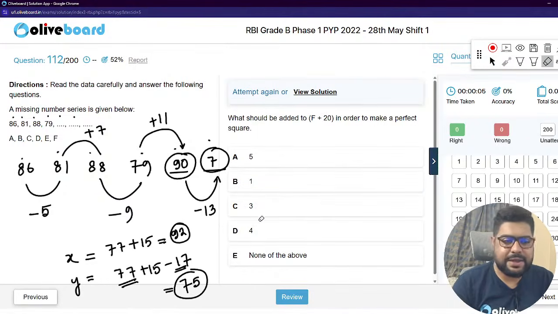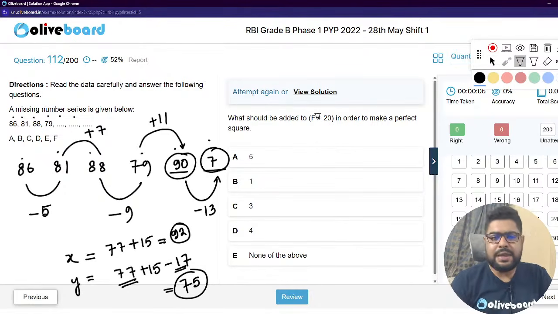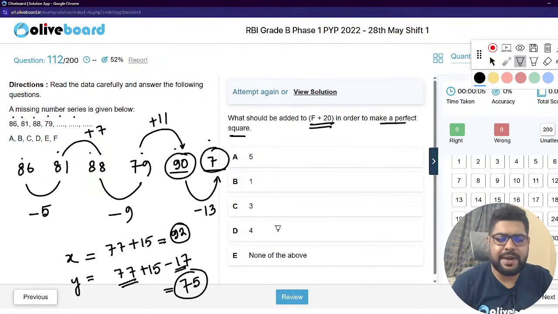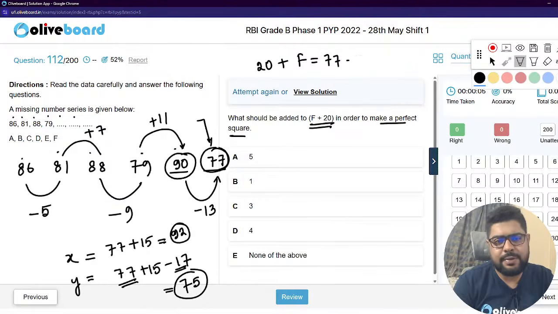There is this question: what should be added to F plus 20 to make it a perfect square? F is what? A, B, C, D, E, F. So 77 was F. F is 77, so F plus 20 is 97.